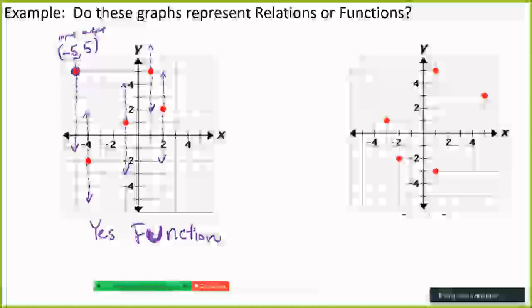Because of the vertical line test, it's not hitting any part of the graph more than once. If we check out the second graph, the first point is good. The second point is good, but then look what happens when you get to the third point. It hits this point above and this point below.